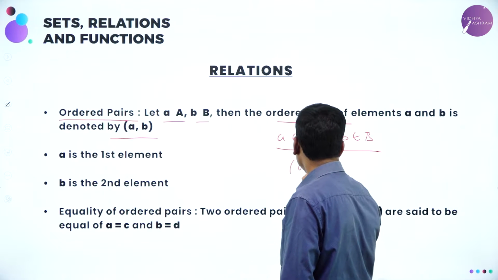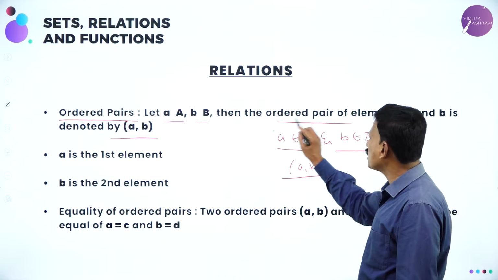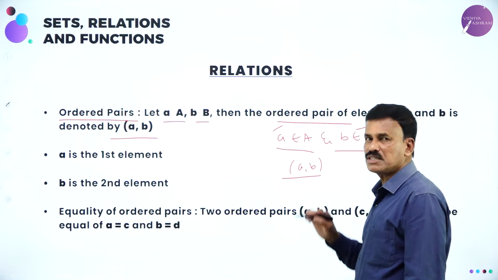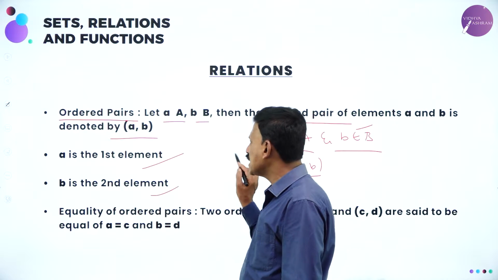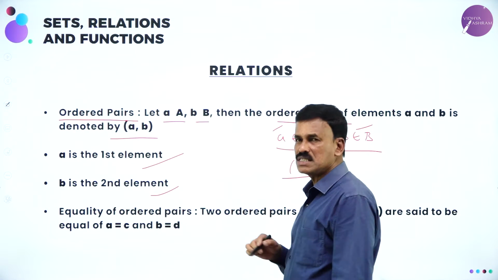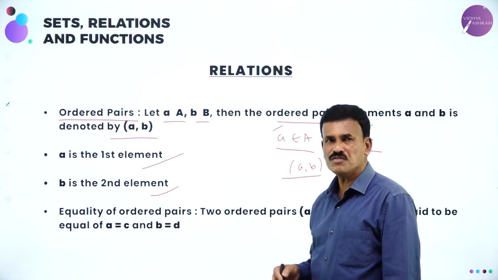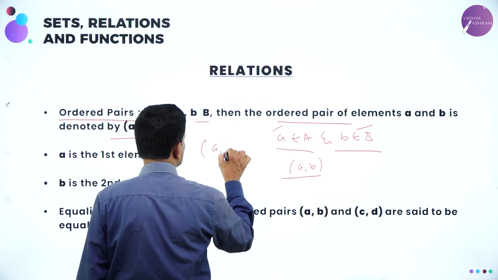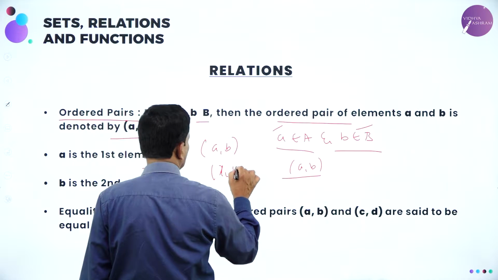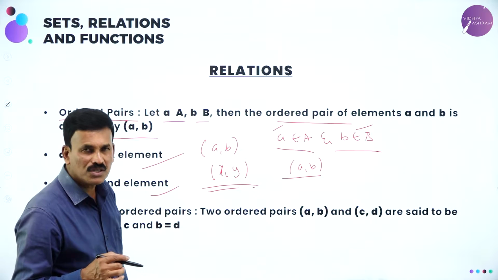So (a, b) is called the ordered pair, in which the first member a is an element of A and the second member b is an element of B. So a is the first element and b is the second element. This is called an ordered pair. (x, y) is also called an ordered pair, where x belongs to A and y belongs to B.